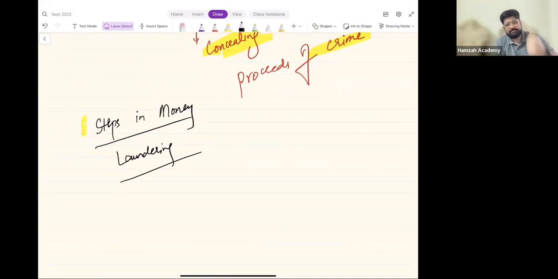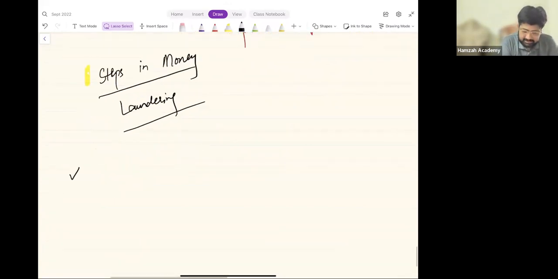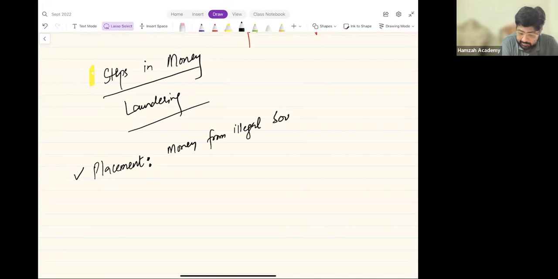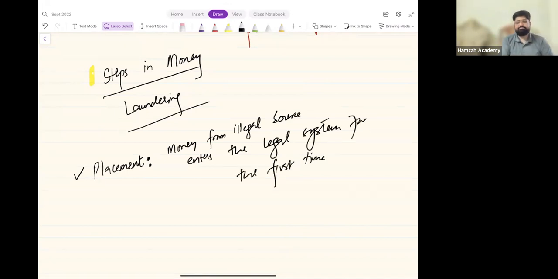It is a three-step process. The first step is called placement. Placement is the stage where money from an illegal source enters the legal system for the first time.